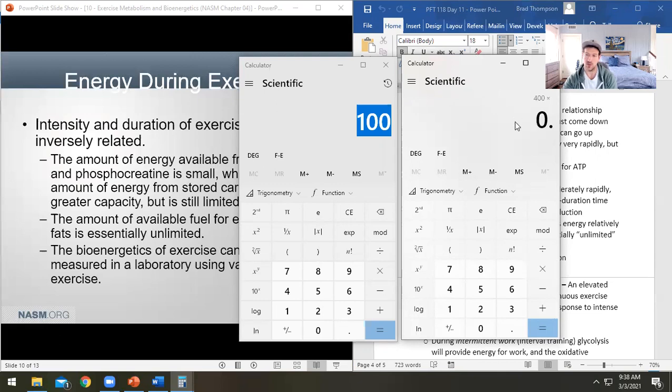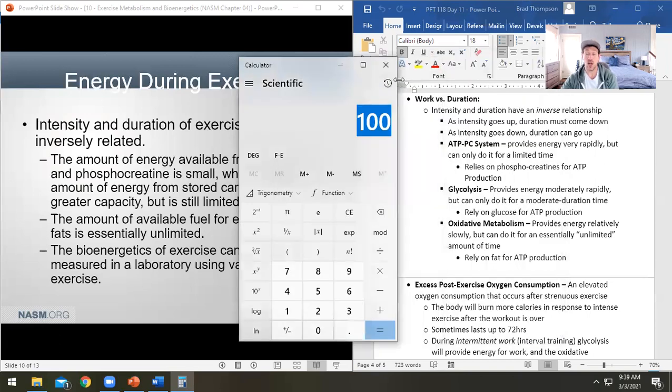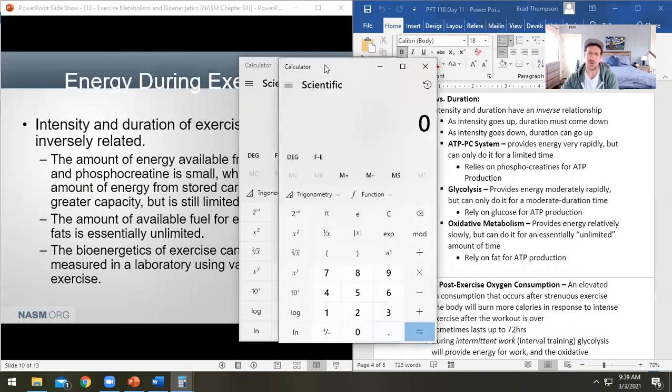So 400 times 0.3. 500 times 0.3. What am I doing wrong here? Why am I so bad at math? I'm so exceptionally bad at math. Numbers are hard. 400 times 0.2. Yeah, 80 fat calories. Good God. Oh, no, I was getting the results I wanted. My brain was backwards. Oh my God. The numbers were supposed to be higher.